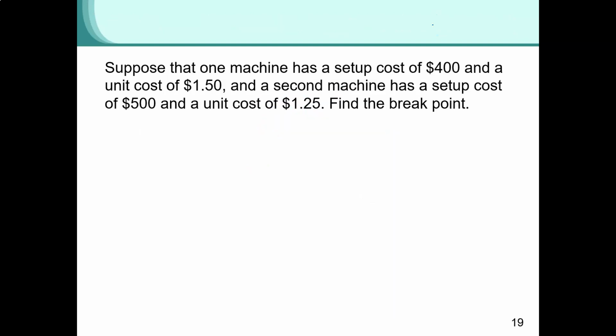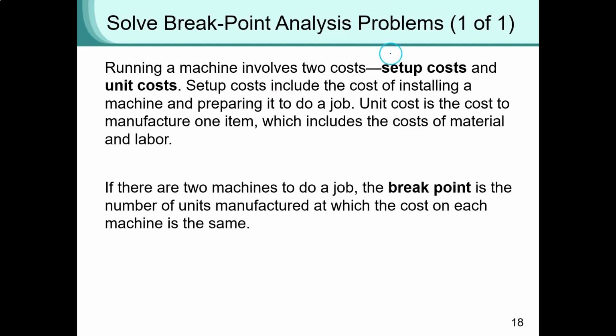If there are two machines to do a job, the breakpoint is the number of units manufactured at which the cost on each machine is the same. So the cost on the first machine would be equal to the cost on the second machine. That would be the breakpoint.